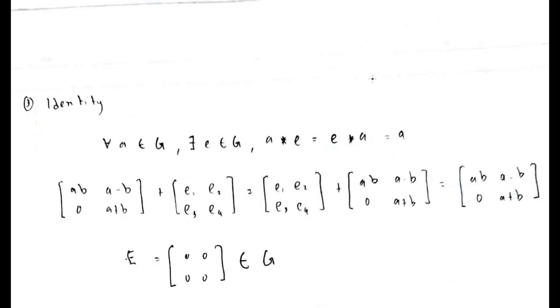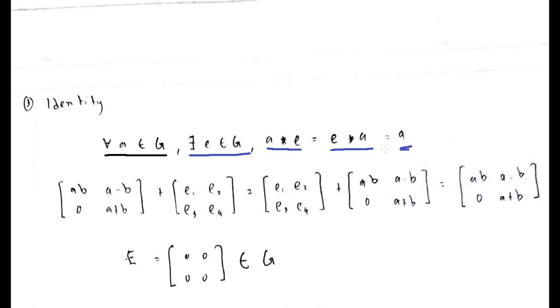Okay, so next we go for the identity property for G. G has an identity if for all A elements of G, there is some element E of G, and A binary operation with E equals E binary operation with A, then we will get A back.